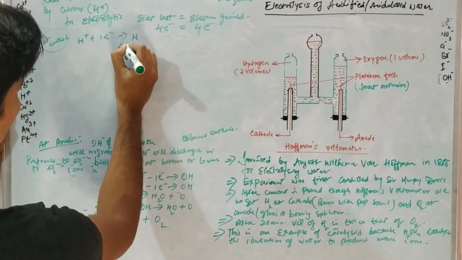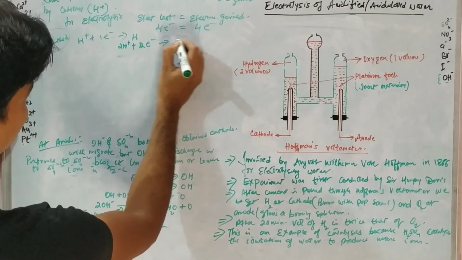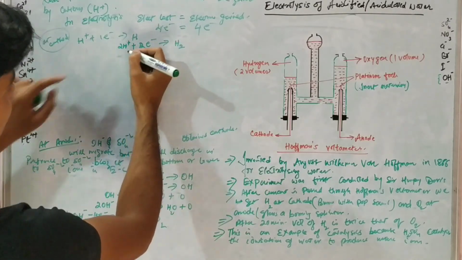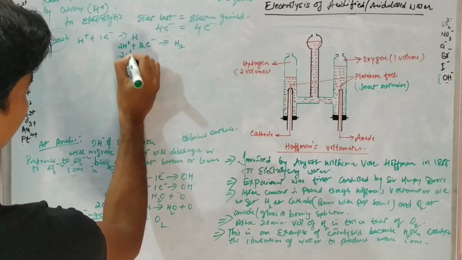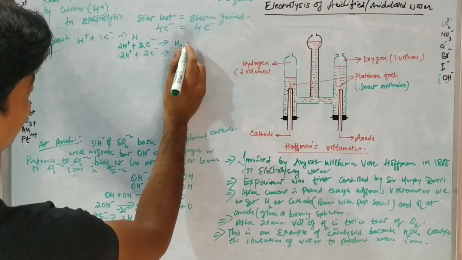Similarly, 2 hydrogen atoms will gain 2 electrons, giving you hydrogen gas. Similarly, 2 more hydrogen atoms will gain 2 more electrons, giving you hydrogen gas.